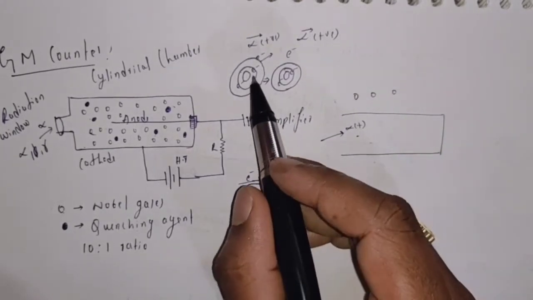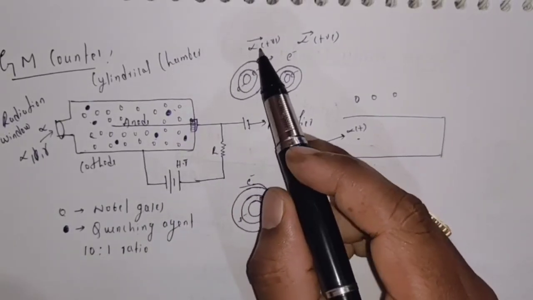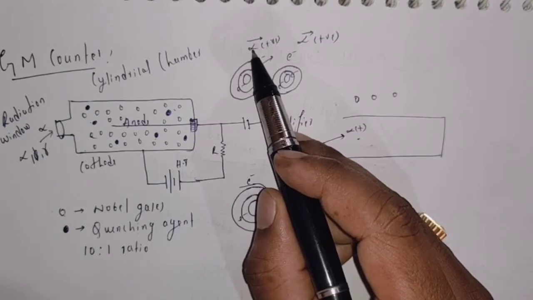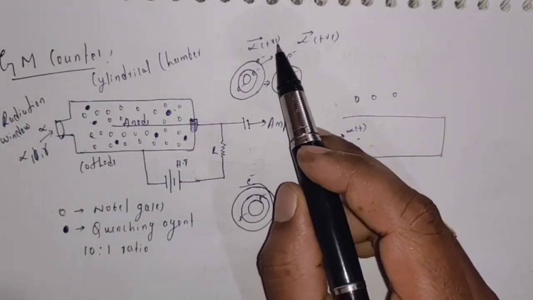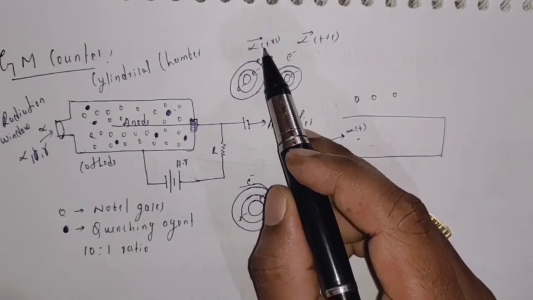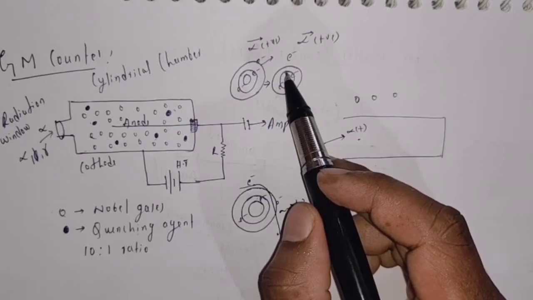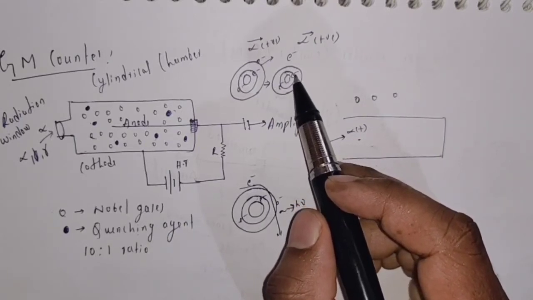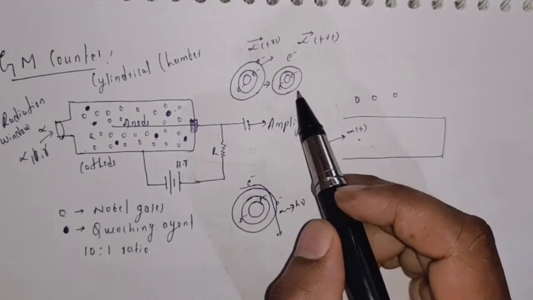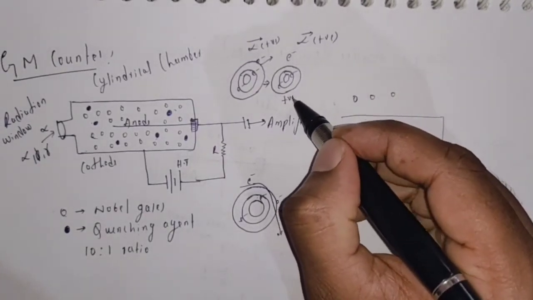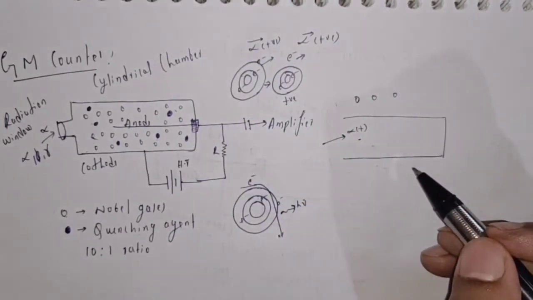We know that ionization means this is the neutral gas atom, and the alpha particle is moving with kinetic energy and has a positive charge. Because of its positive charge, the electrons get attracted towards the alpha particle and are emitted from the atom, leaving behind the atom as a positive ion.